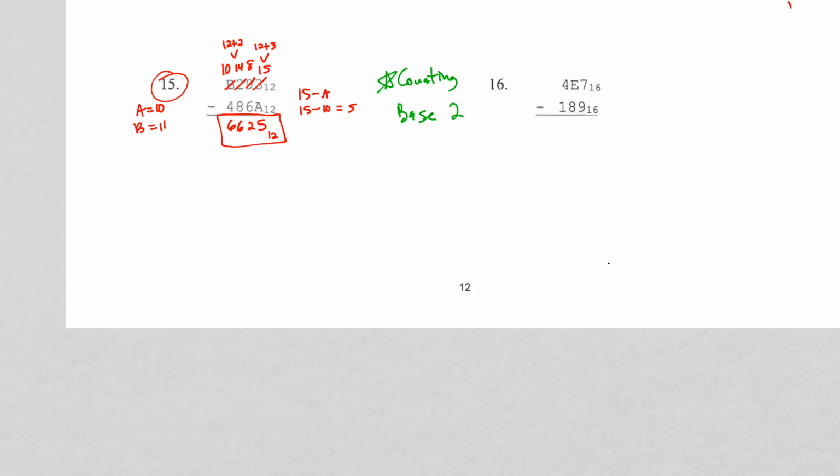So in base 2, you start counting 1, 1, 0, and then an extra. So 3 items will be 11, and 2 groups of 2 will be 100. I'm sorry, 1, 0, 0. Then it starts over again.